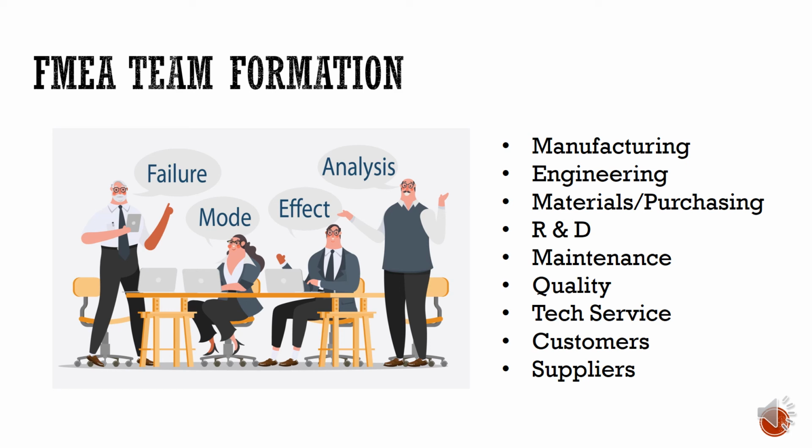The best size for an FMEA core team is around 4 to 6 people, carefully selected based on the contribution they can make to the specific FMEA. An FMEA team should represent a cross-section of the organization in terms of functional responsibility and level in the organization.